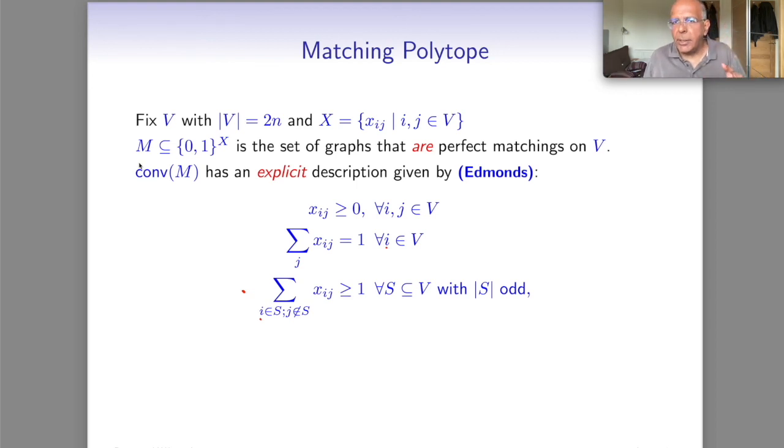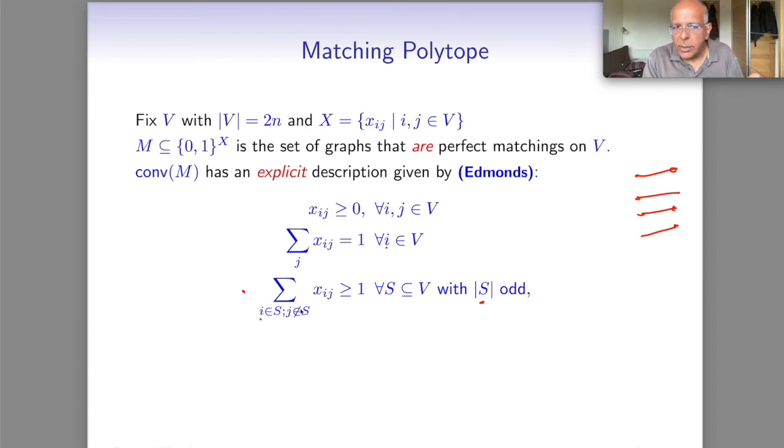Think of why this is true for all points in M. If your graph is simply a matching, then if you have an odd sized set of elements, any odd sized set of elements, there must be at least one edge going out of your set, right?